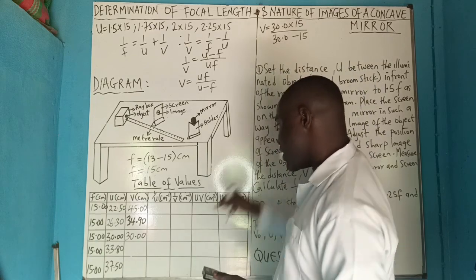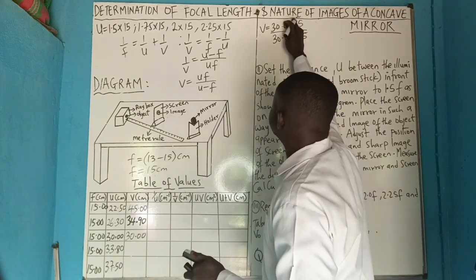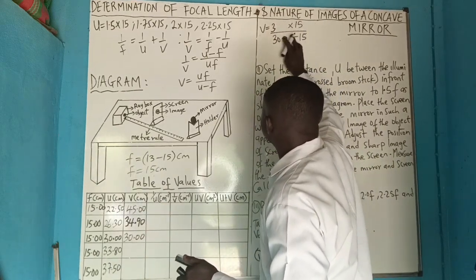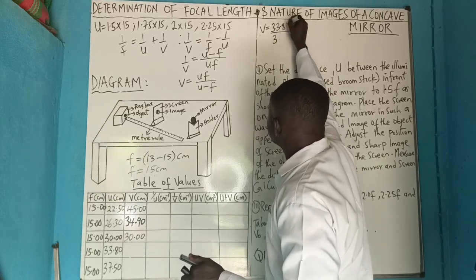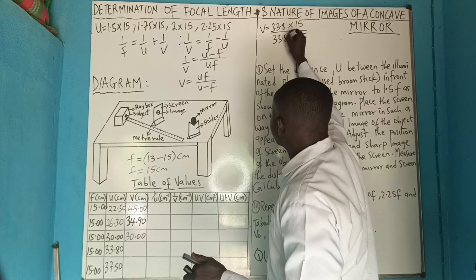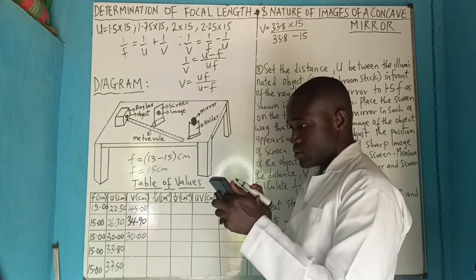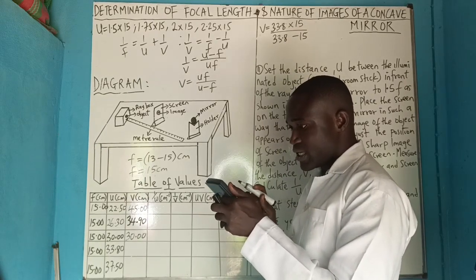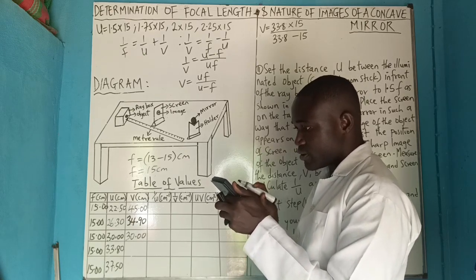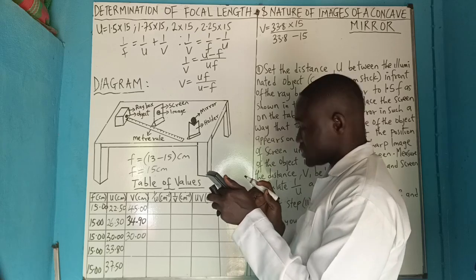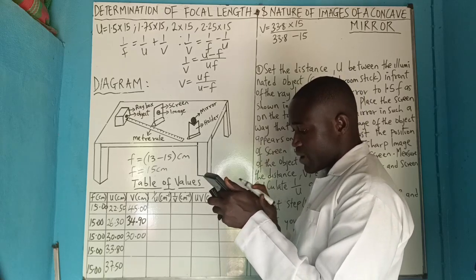We now change 30 to 33.8. 33.8 times 15 divided by bracket 33.8 minus 15.